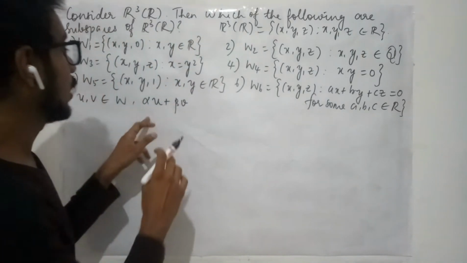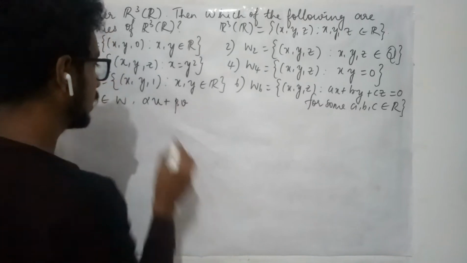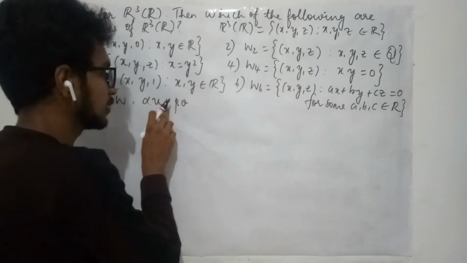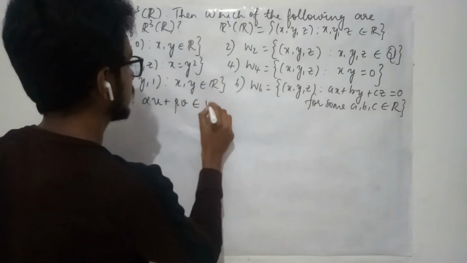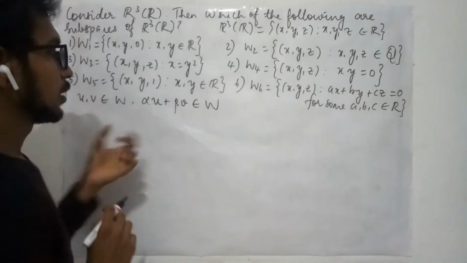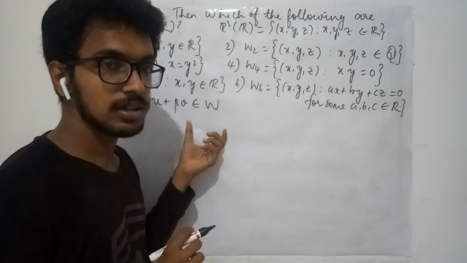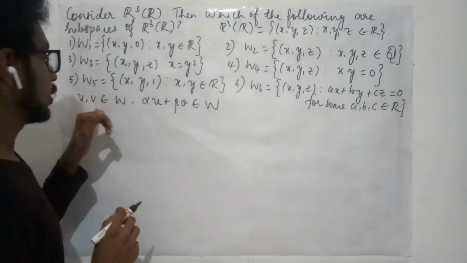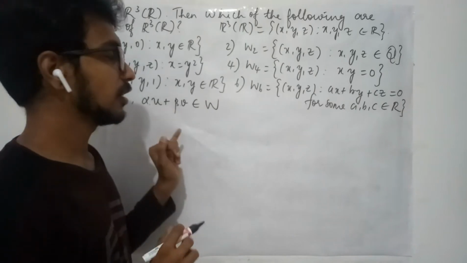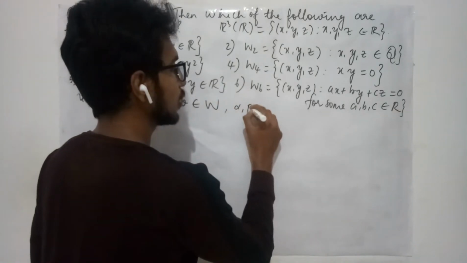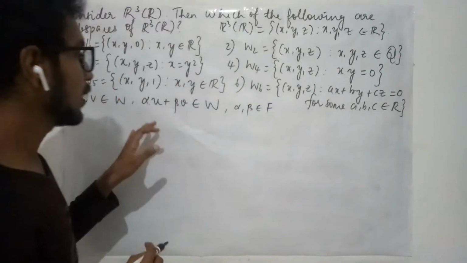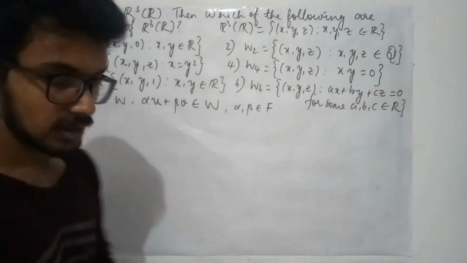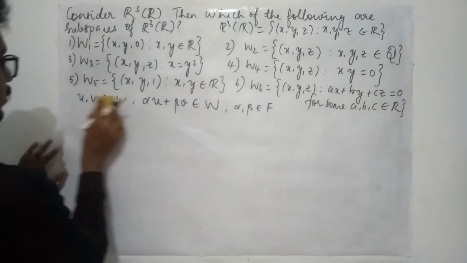As of now, alpha times u plus beta times v. Here the operation taking place is the scalar multiplication and this is the vector addition, and this has to be present in W. If it satisfies this condition for any vectors u and v and for any scalars alpha and beta, then we can say this W forms a subspace of the given vector space, right?